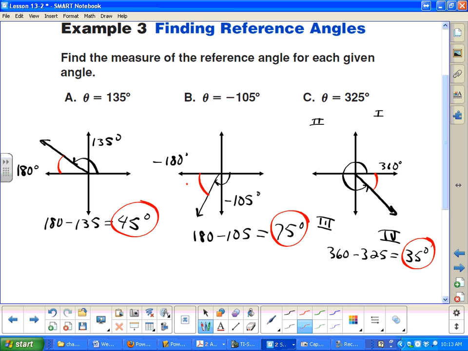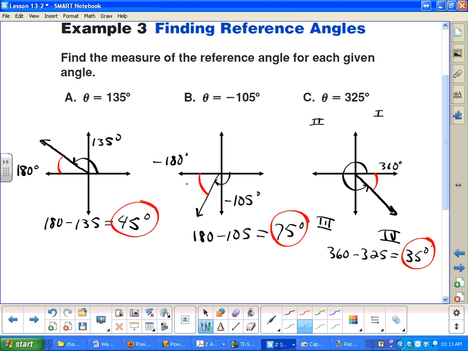Now notice, in each case, it's a positive angle, depending on which quadrant it's in. Question letter A was in the second quadrant, so the reference angle is between the terminal side and the negative x-axis. For angle B, it was in the third quadrant, so we can see where that reference angle would be.